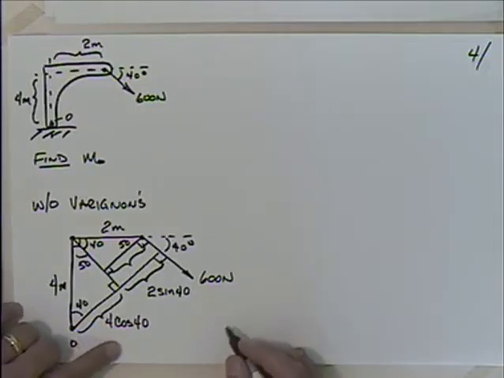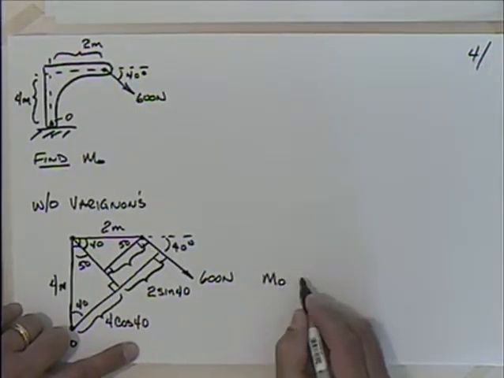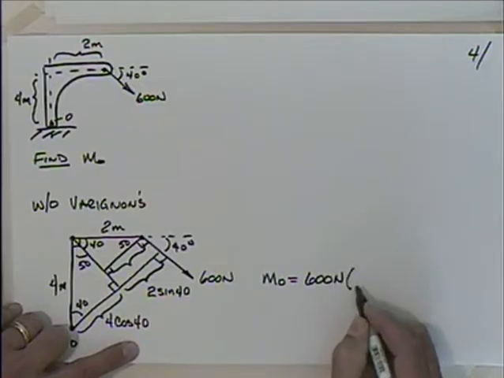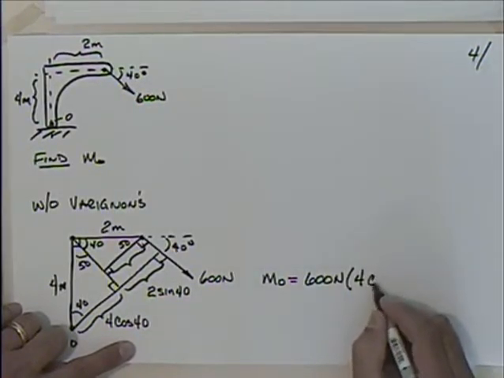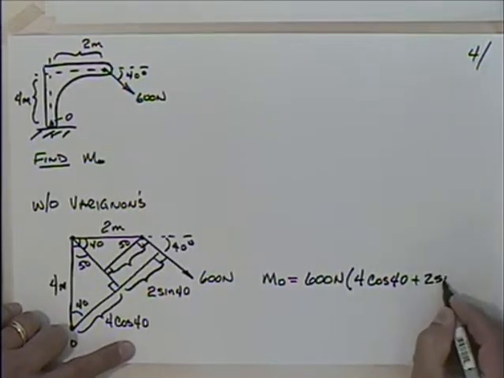So I could then say that the moment about O is equal to 600 newtons times the distance, 4 cosine of 40 plus 2 sine of 40.